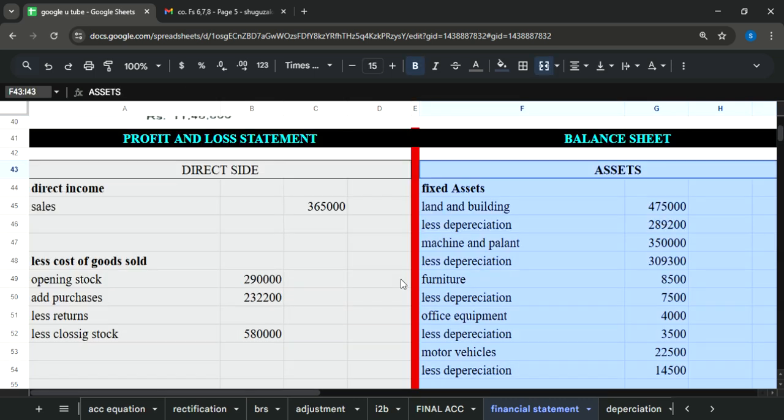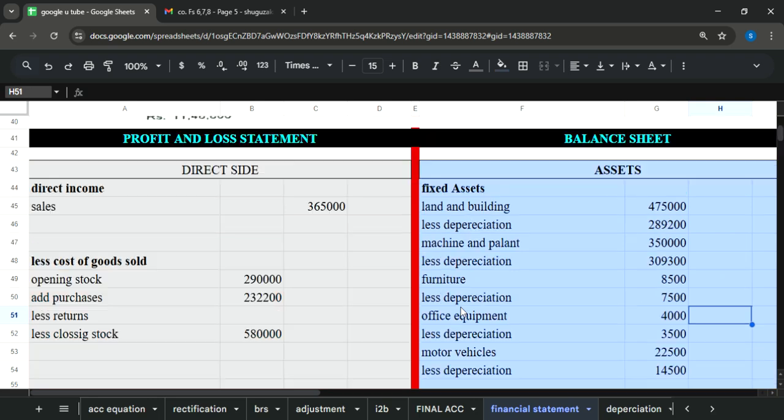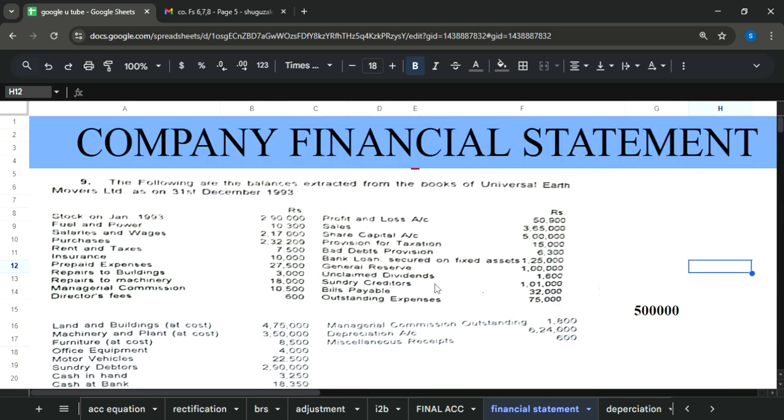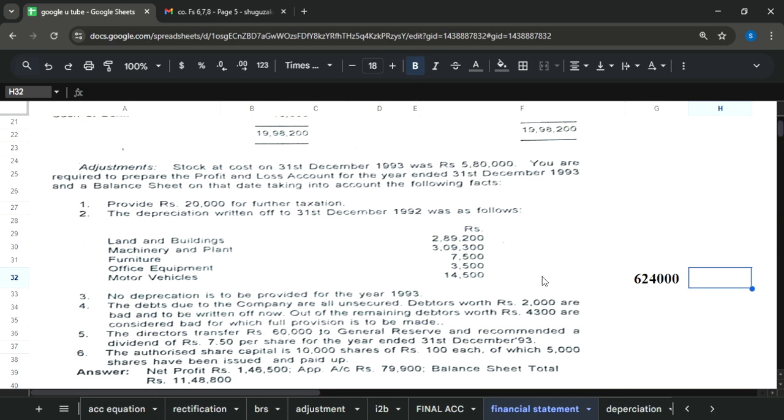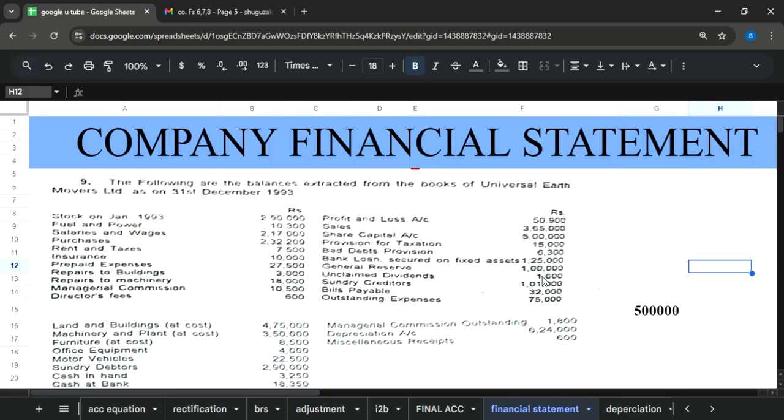Let's go to the current liability side, and here we will mention unclaimed dividend, and the amount of unclaimed dividend is 1,600. Just write it down on the current liability side. Unclaimed dividend completed.